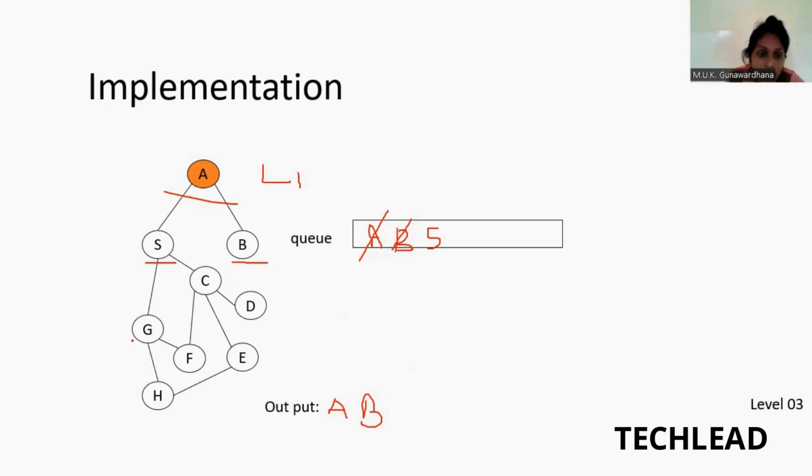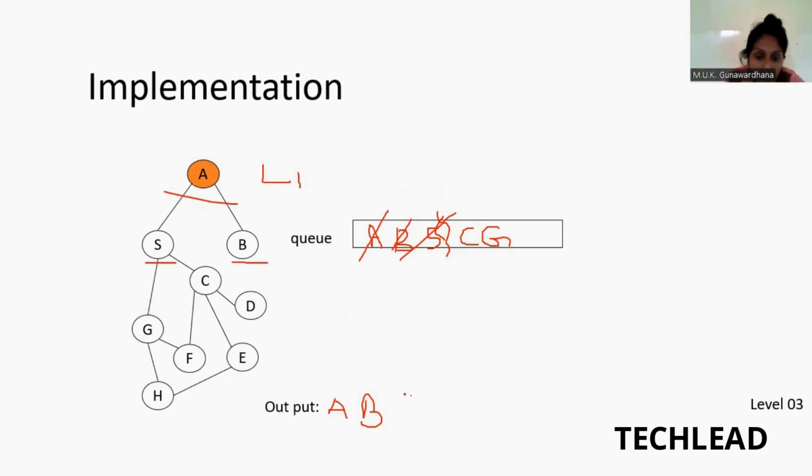Yes, there are two adjacent nodes we have not visited, G and C. Now pop the S from the queue and insert the C and G into the queue.